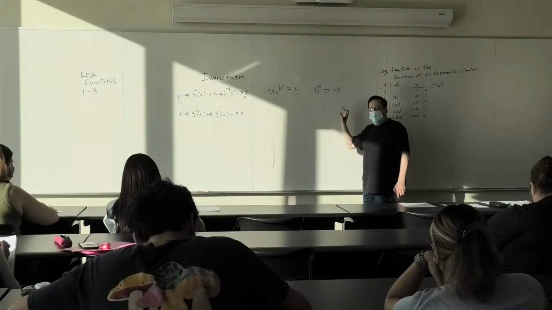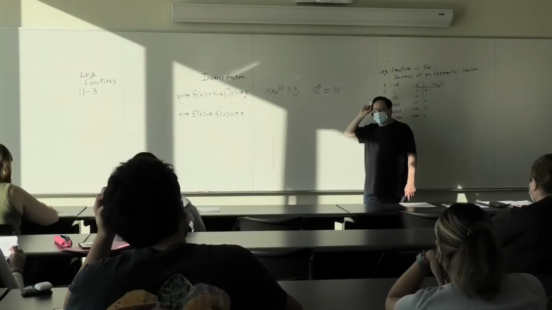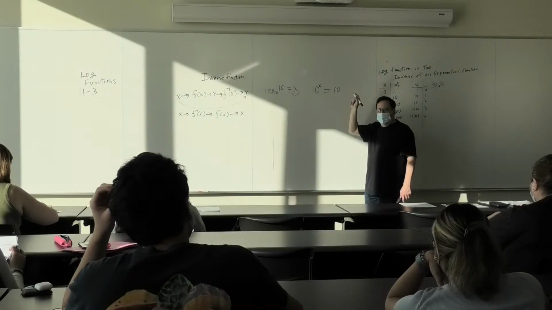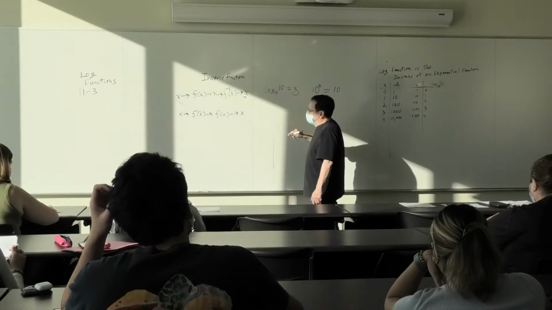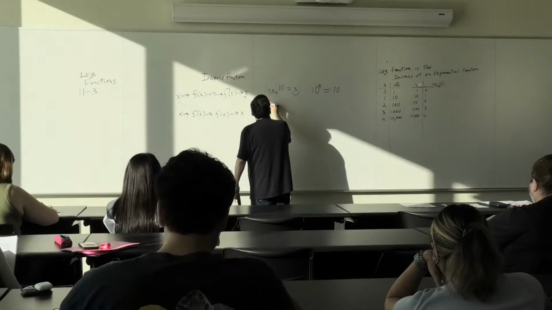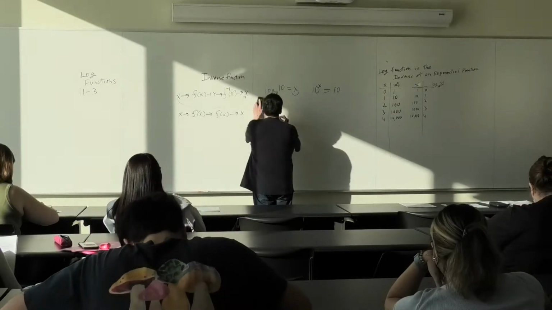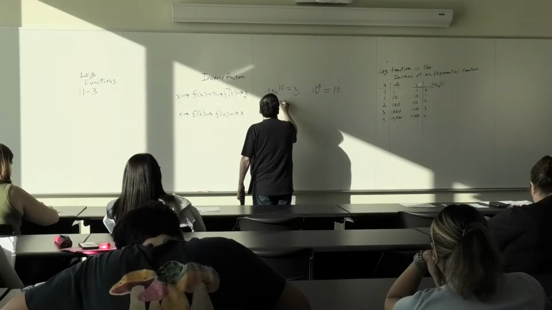Anybody have any question about this? Does everyone get a little light going off? It's 1. So the log to the base 10 of 10 is 1. Another one. Log, this always kind of throws people off. Log to the base 10 of 1.